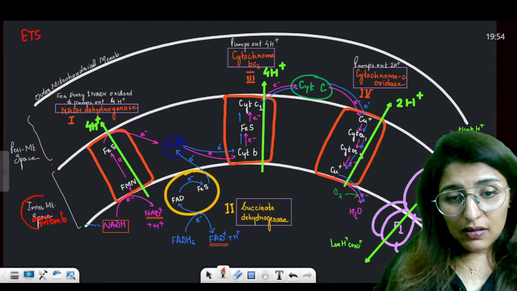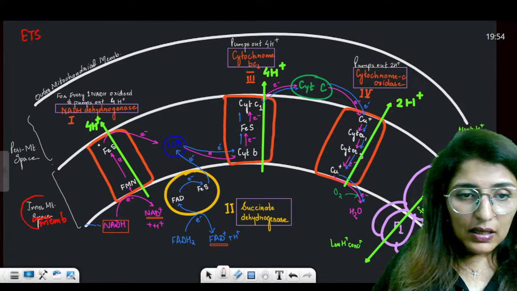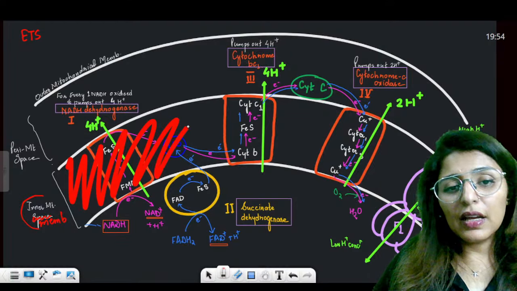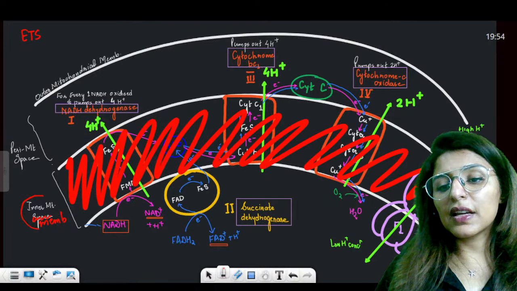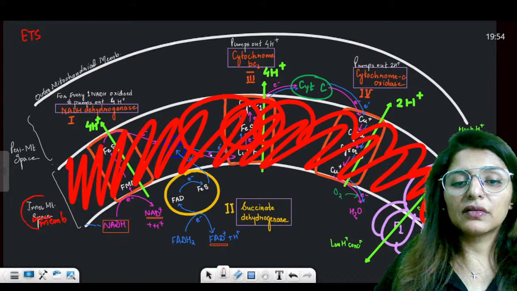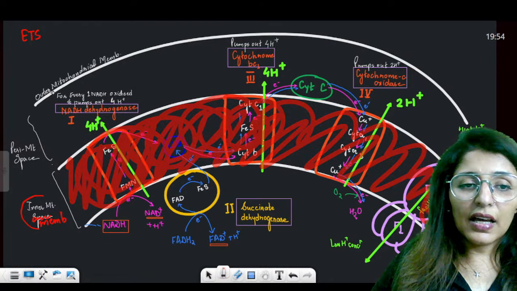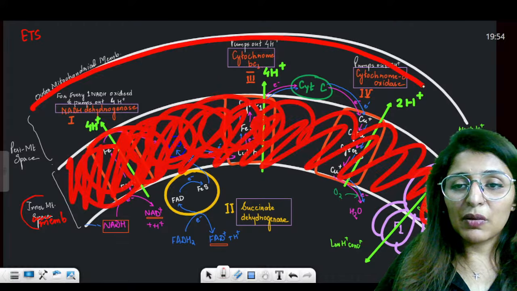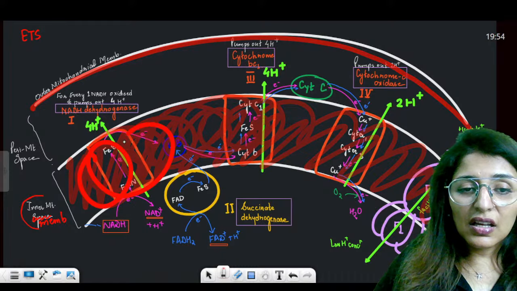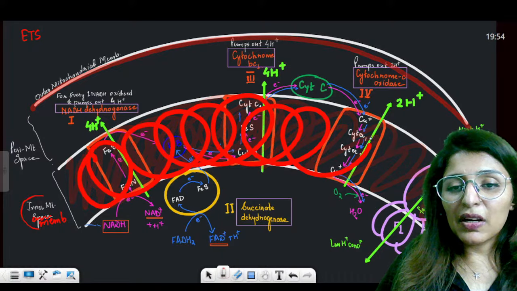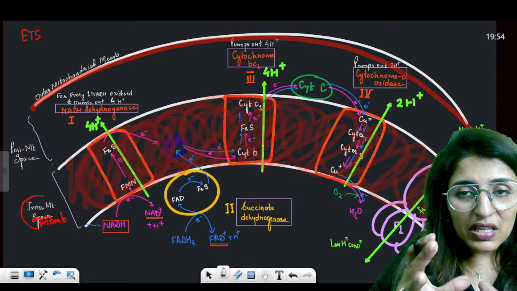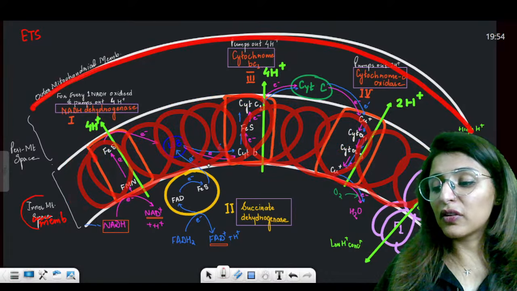So let's say this is the inner mitochondrial membrane, all of it. And this one is the outer mitochondrial membrane. I have just made the inner mitochondrial membrane broader to make you see what is happening inside it.